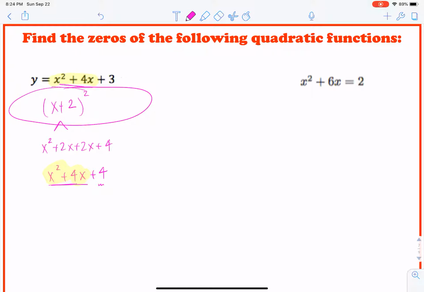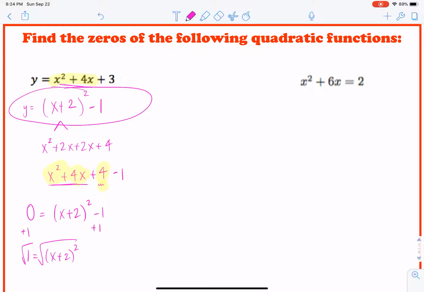So right now, as is, this x plus 2 all squared, I have a 4 as my last term here. So what can I do to that 4 in order to make it a 3? I can complete the square and I can subtract 1 from my perfect square. So now I have y is equal to x plus 2 squared minus 1. And I can go ahead and solve this for the zeros now by setting it equal to 0. I can add 1 to both sides. 1 is equal to x plus 2 squared.